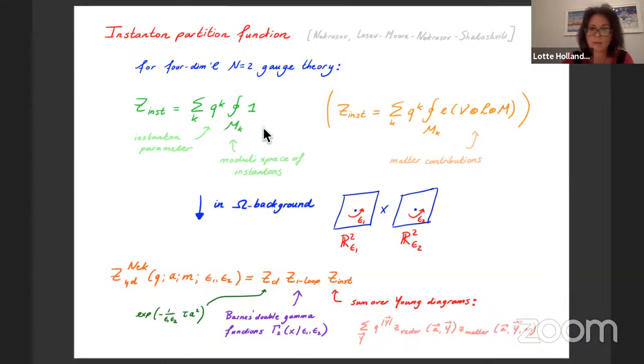So that is for a pure gauge theory. If the gauge theory contains some matter, which is on the right side, then instead of looking at the volume, we would consider an Euler class of an associated bundle of solutions to the monopole equations.